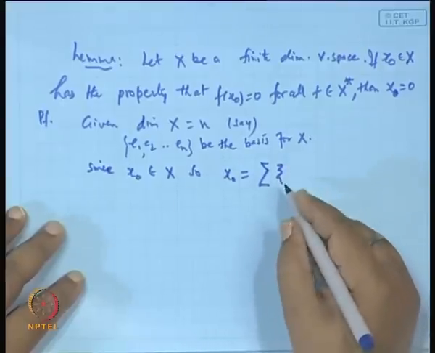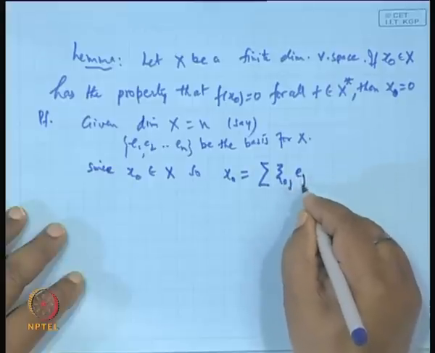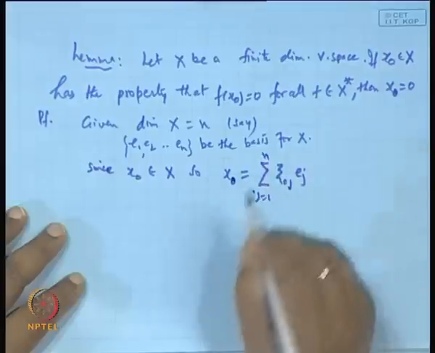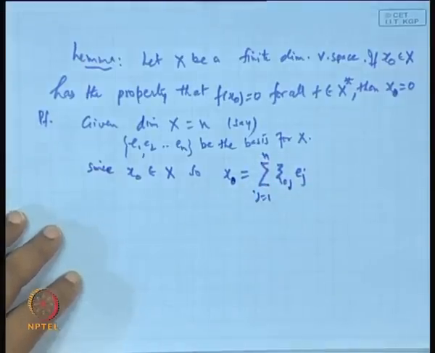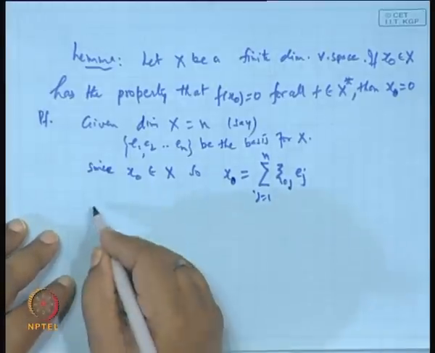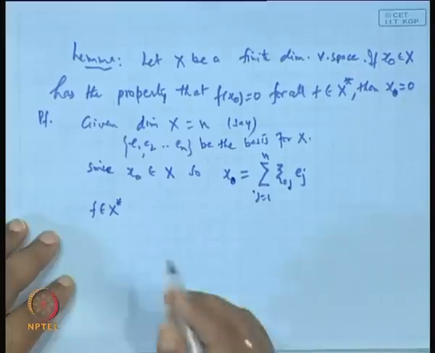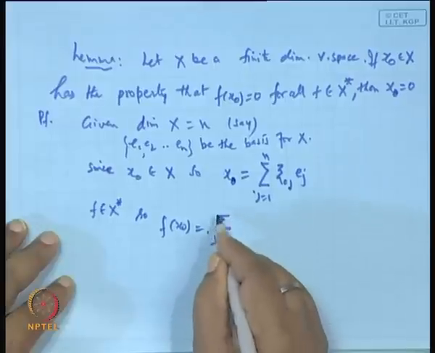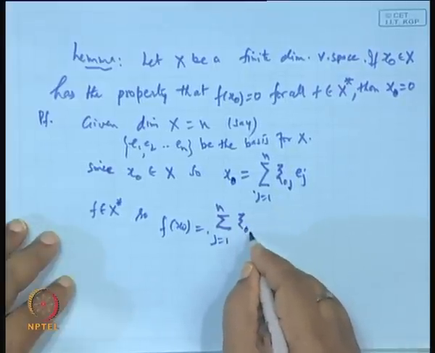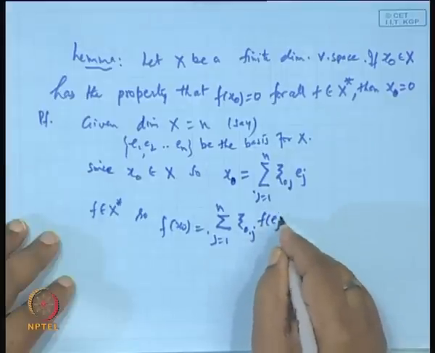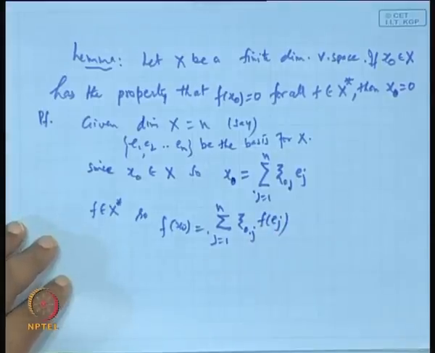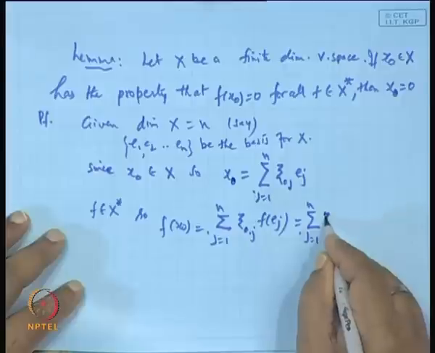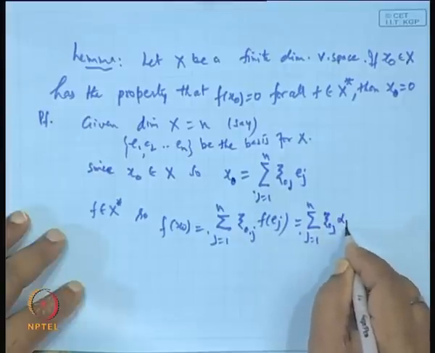So we can write it as sigma xi naught j E j, j equal to 1 to n. Now, f is a linear functional, f belongs to X star. So f of x naught will be equal to sigma j equal to 1 to n xi naught j and f of E j, but f of E j is alpha j, so it is sigma j equal to 1 to n xi naught j and alpha j.